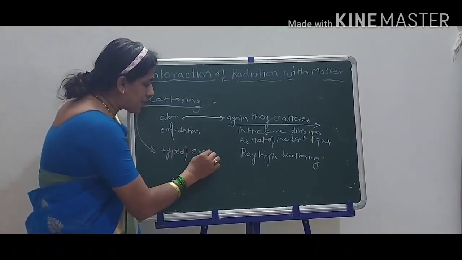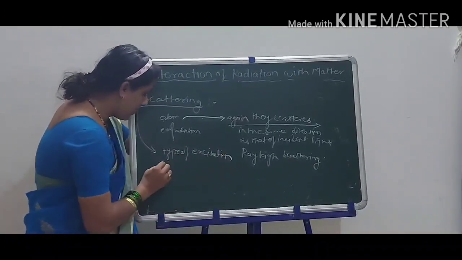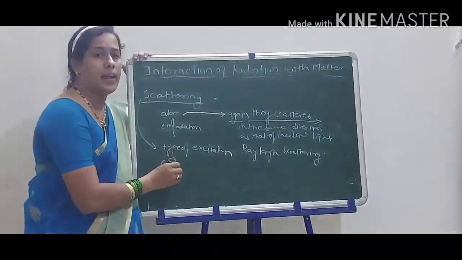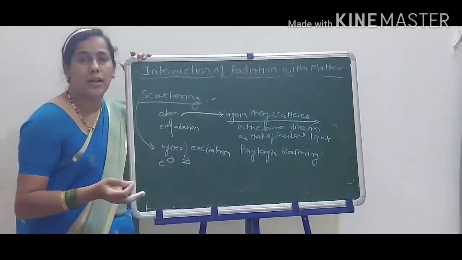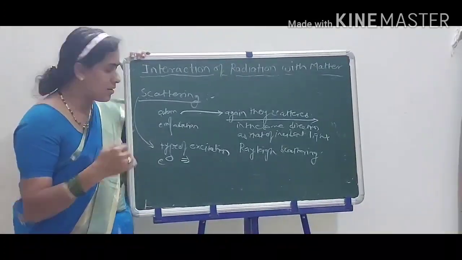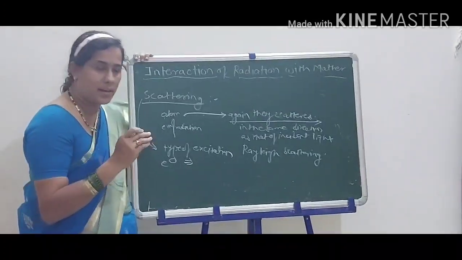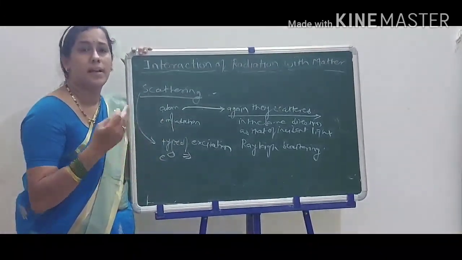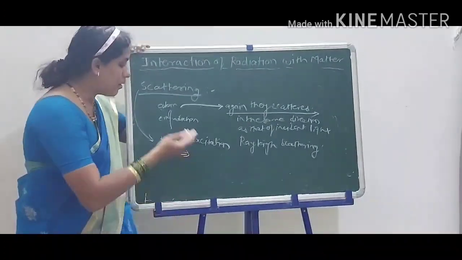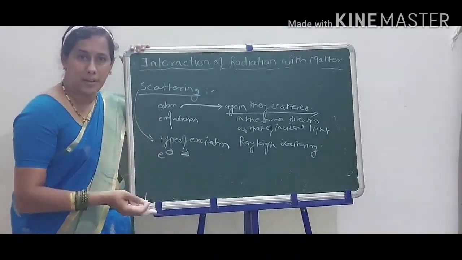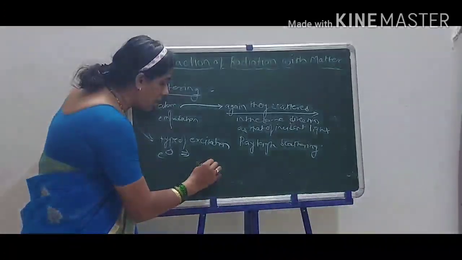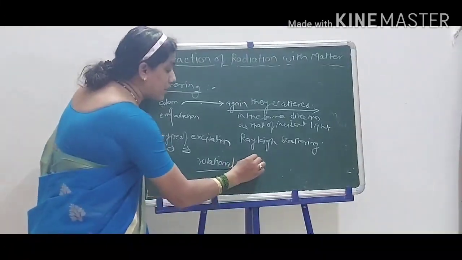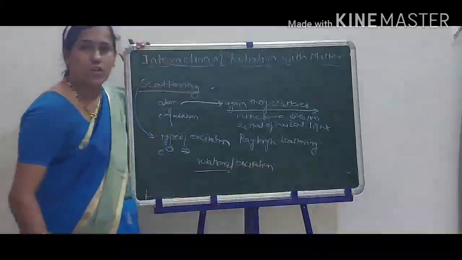Now, when UV radiations are absorbed by the atoms, electrons get excited. When IR radiations are absorbed, vibrations get excited. And when microwave radiations are absorbed, rotational excitation takes place.